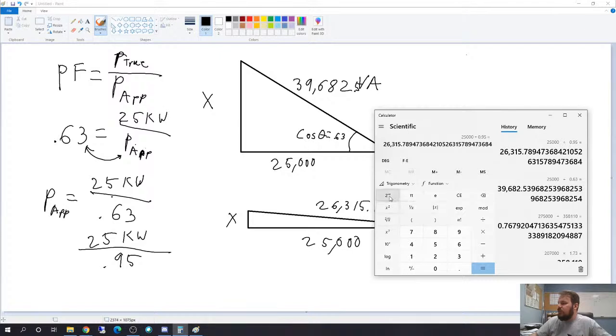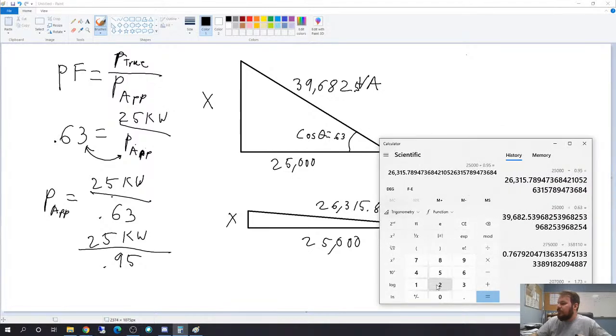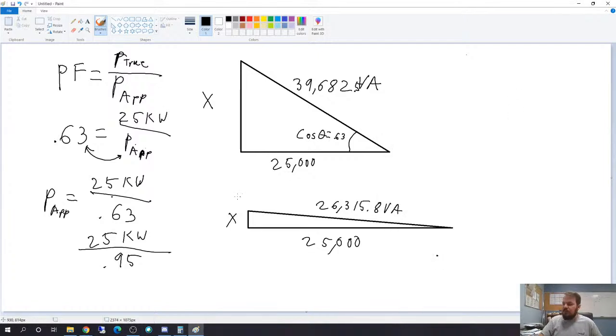So we're going to take 25,000 squared plus 3968. Oh, wait. Let's do our formula. Since we're trying to find one of the sides that's not the hypotenuse, Pythagorean theorem is going to change slightly.